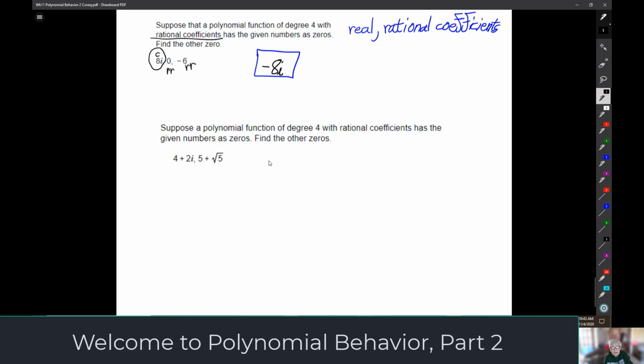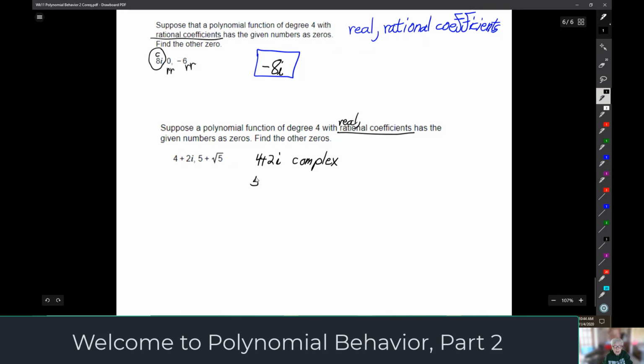And then finally, suppose you have a polynomial function of degree 4 with rational, think real and rational, coefficients. Well, let's look at what we're given. We're given 4 plus 2i and 5 plus the square root of 5. Okay, 4 plus 2i is complex. It's in the complex, not in the real number system.